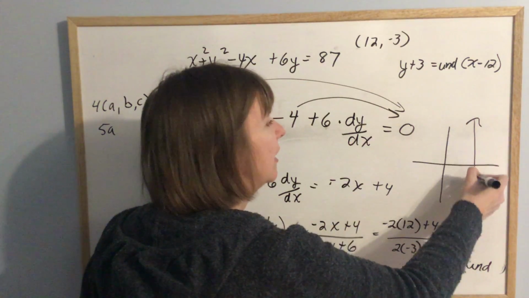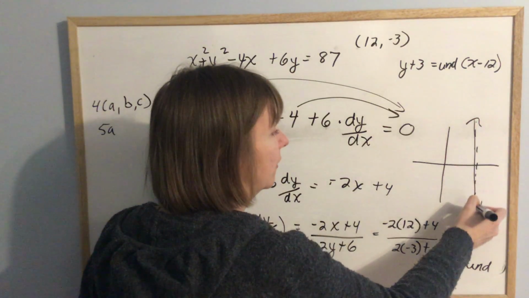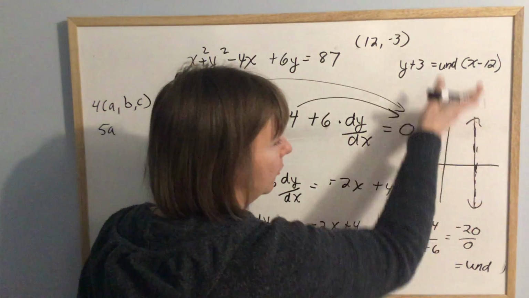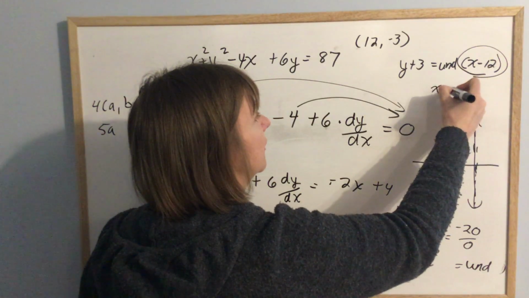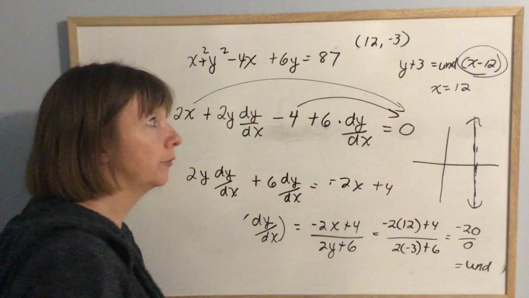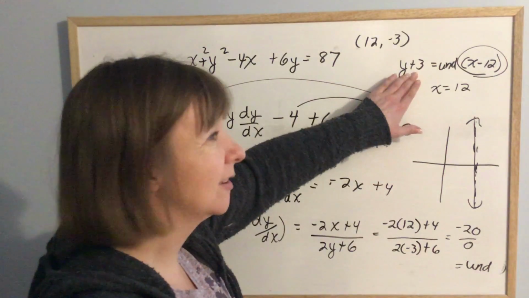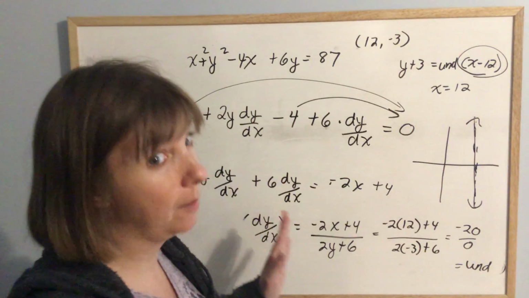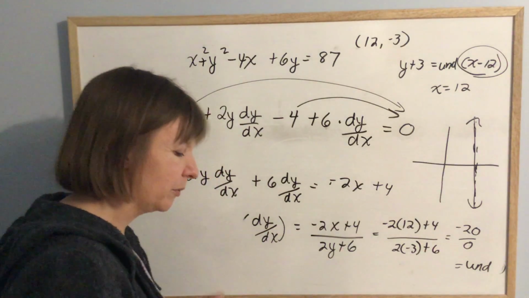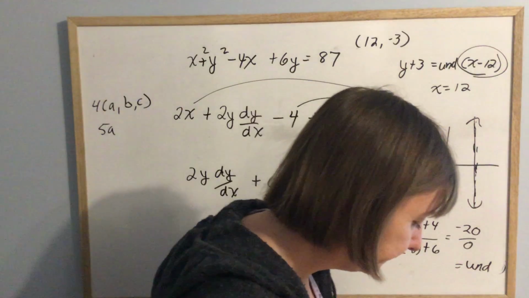It is just an x value because it goes all over the y's. It goes all up and all down. So really it's just that x is equal to 12. This just ends up going away because of this undefined. It's just what happens. An undefined slope is a weird situation.